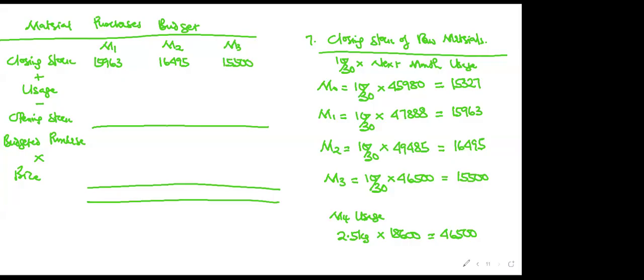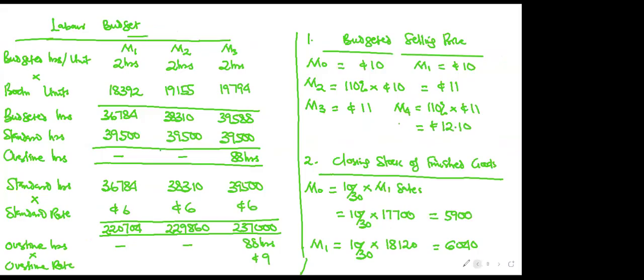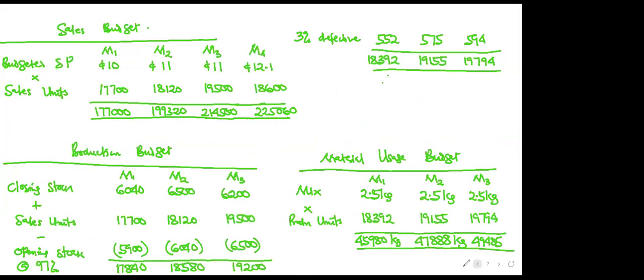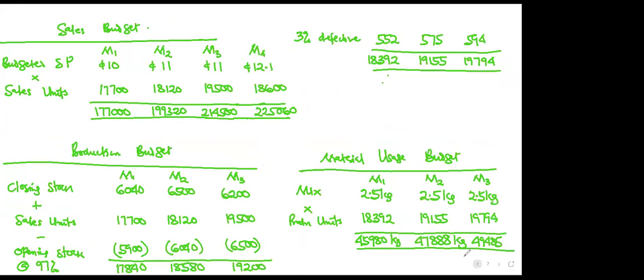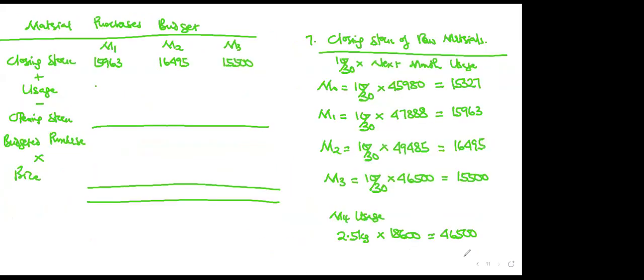Let's go and take material usage: 45,980, 47,888, and now 49,485. Give me the figures. Unless you scroll back, 45,980, and then 47,888.